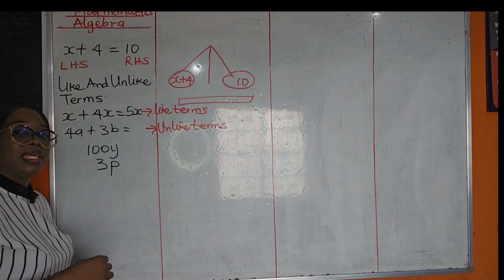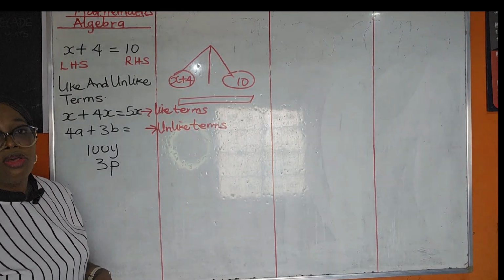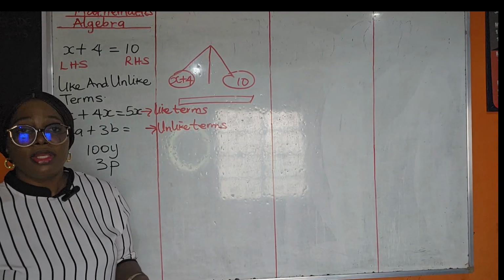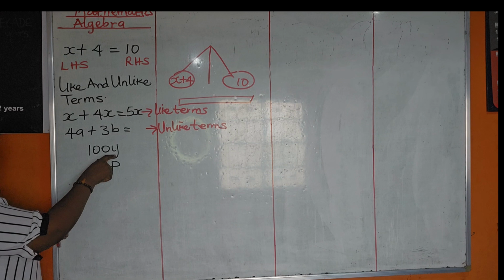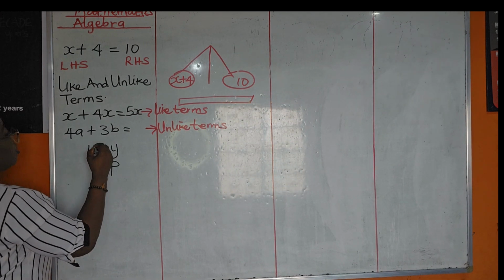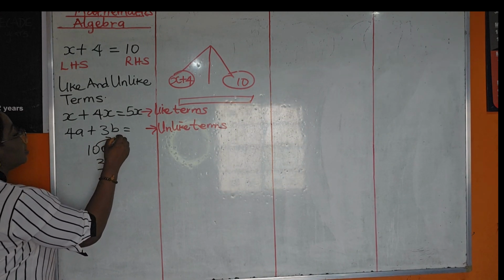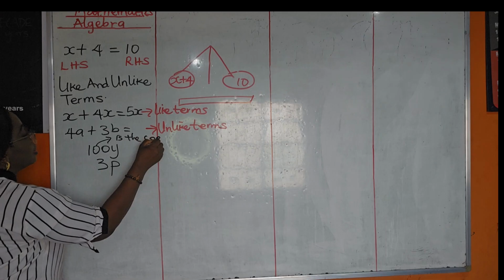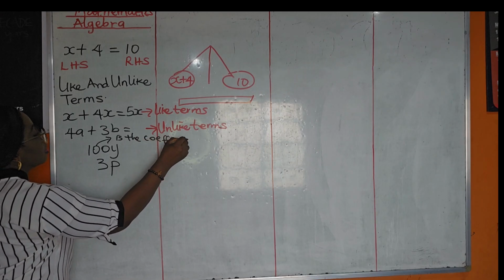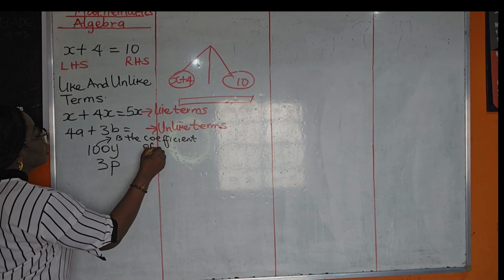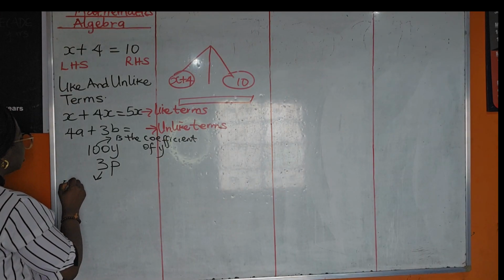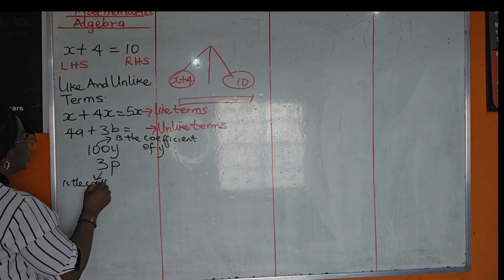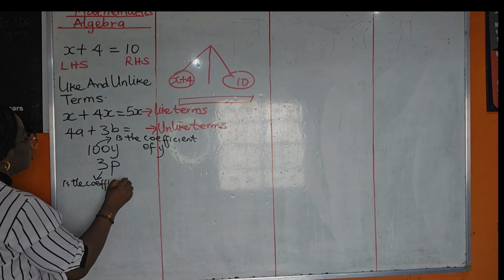It is that number, a whole number, or it could even be a fraction or an integer, that comes before a letter. So 100 here is the coefficient of y. Three here is the coefficient of p.